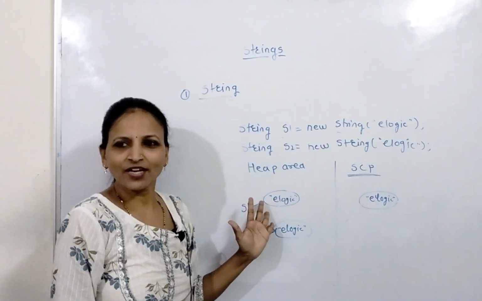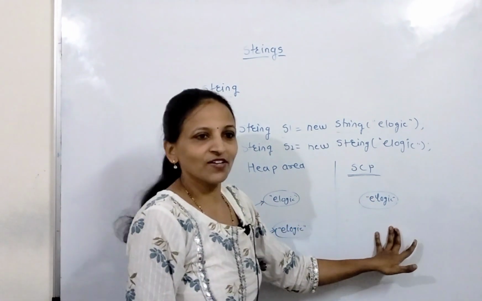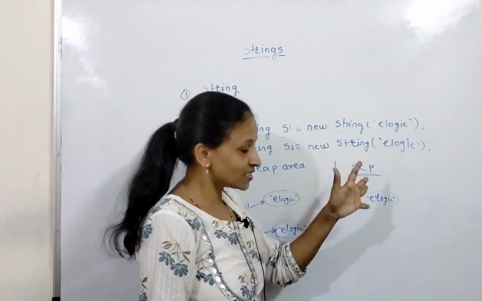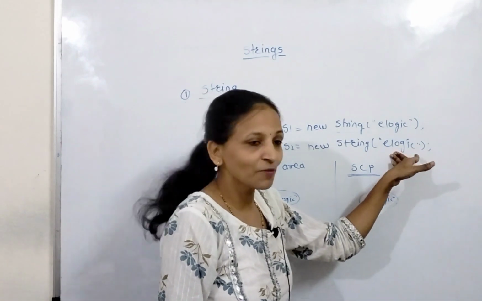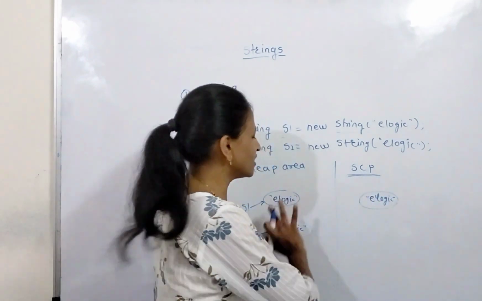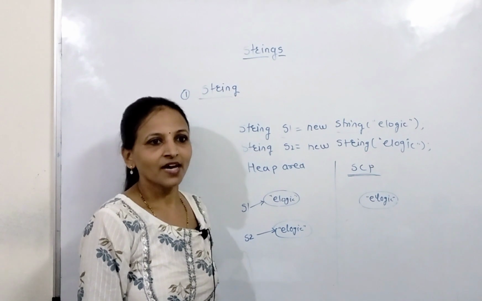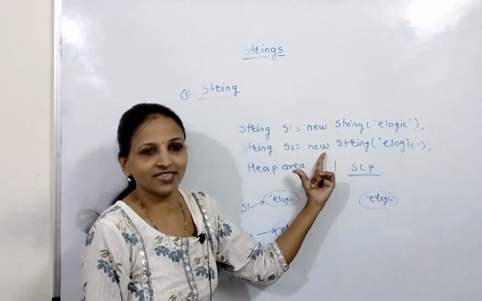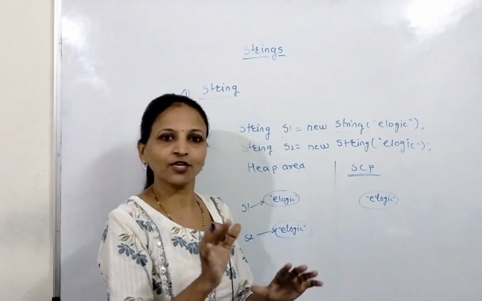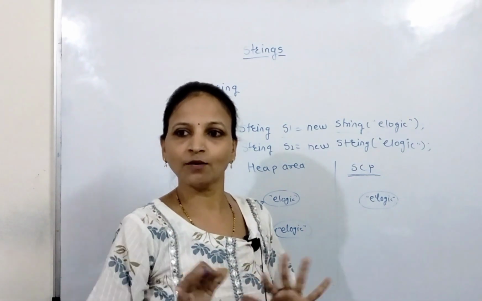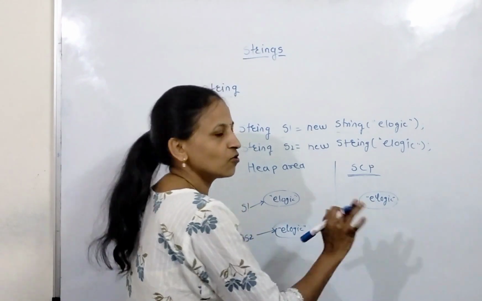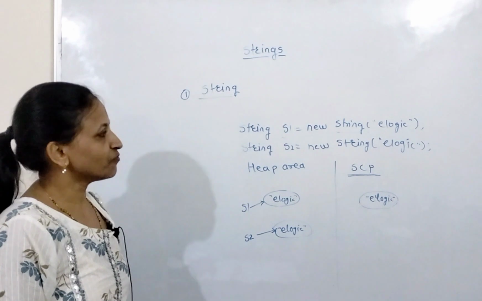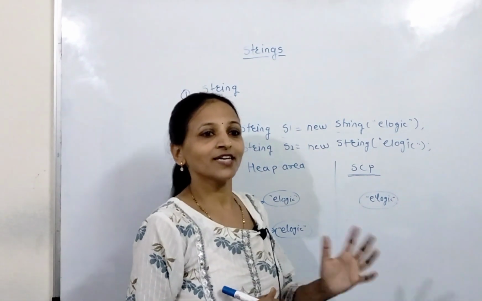But here it will check in the SCP section whether a string object with the same content is present. If yes, then it will not create a new object. And one more point, there is no reference if we create it like this. But if we create it using only the assignment operator and double quotes, then the object reference will be present.